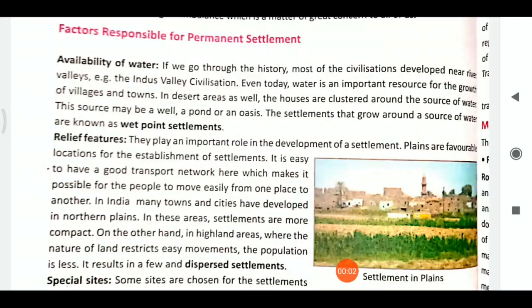Next, we have factors responsible for permanent settlement. So, where these civilizations grew, or where the early man made his permanent settlements. Availability of water was very important.